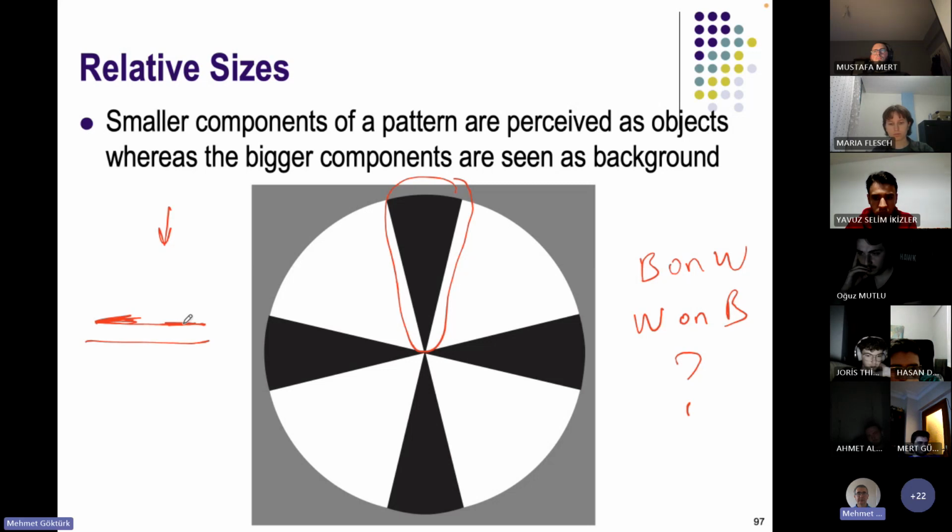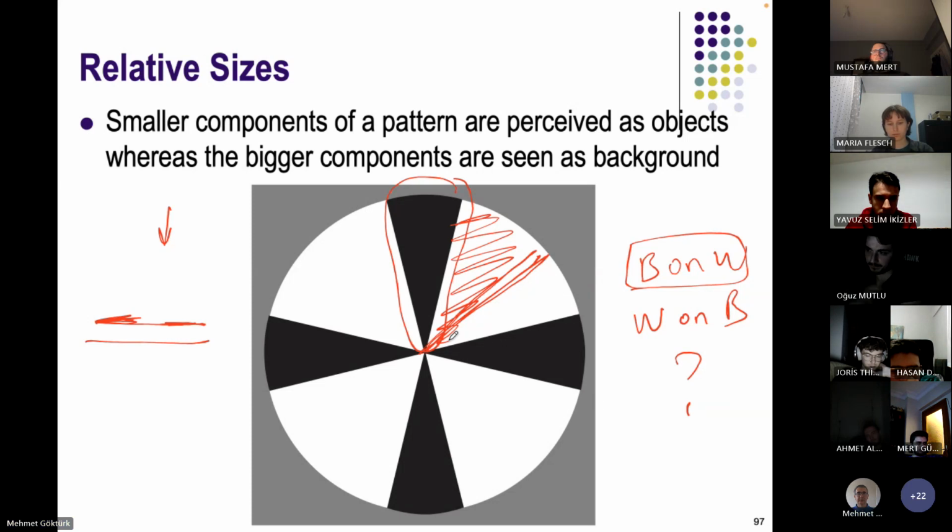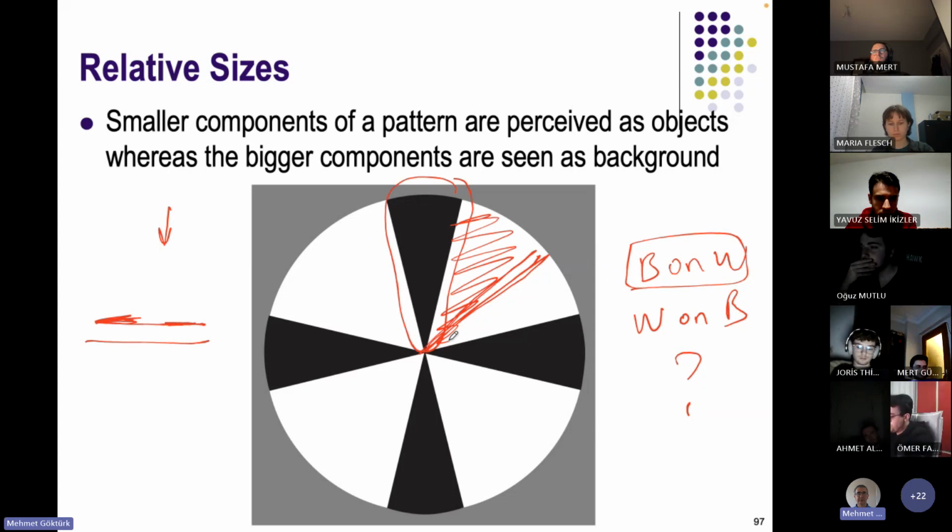So this is perceived as black on white. If the black is bigger than the white area, then white becomes the foreground and black becomes the background. So when you are trying to make an interface, background and the content sometimes race with each other, and the area proportion is critical for correct understanding.